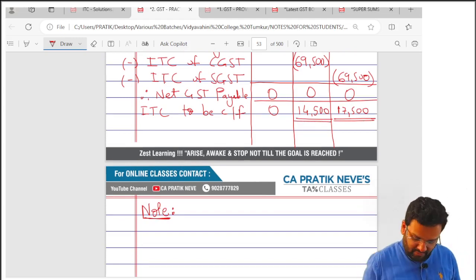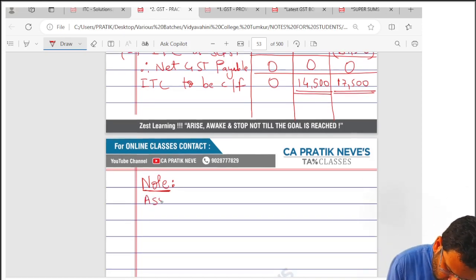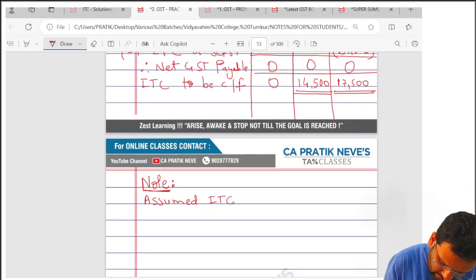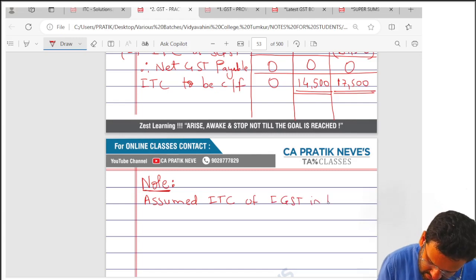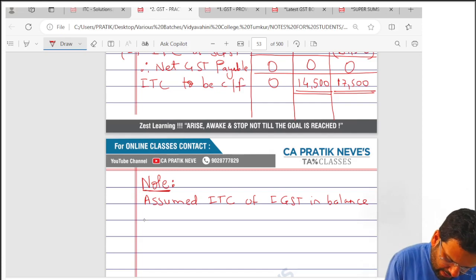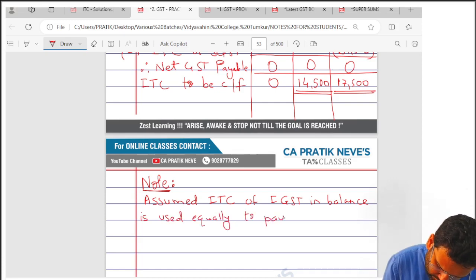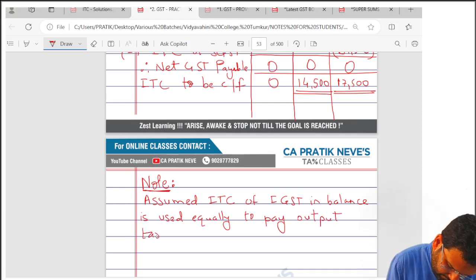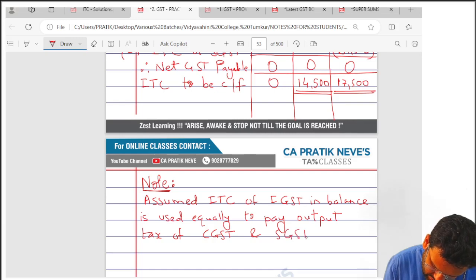Okay. Just one thing I would like to tell you. Assumed ITC of IGST in balance is assumed to be used equally to pay output tax of CGST and SGST.